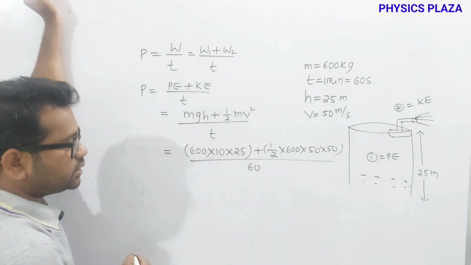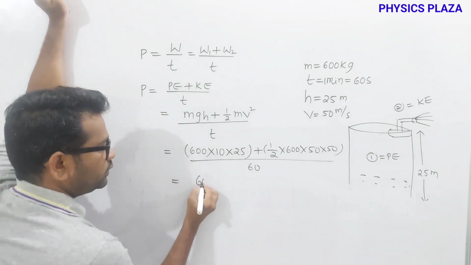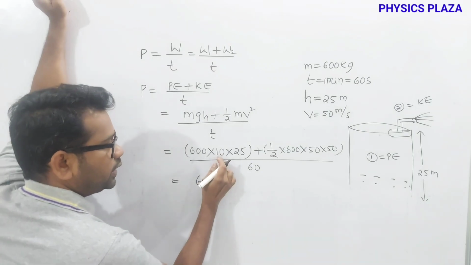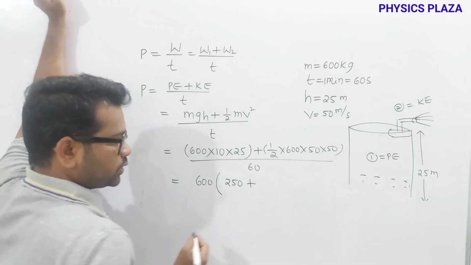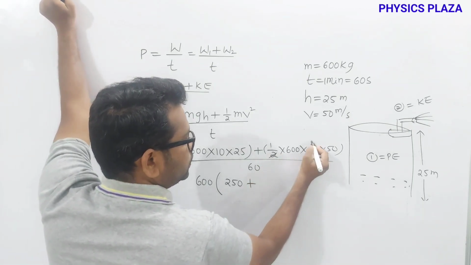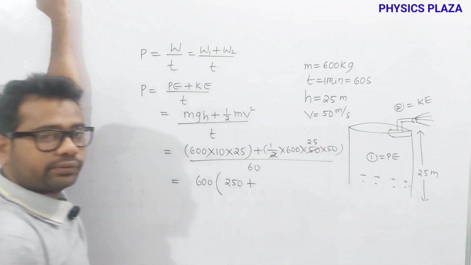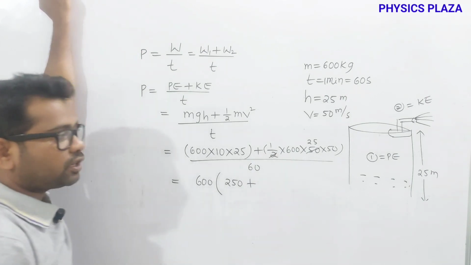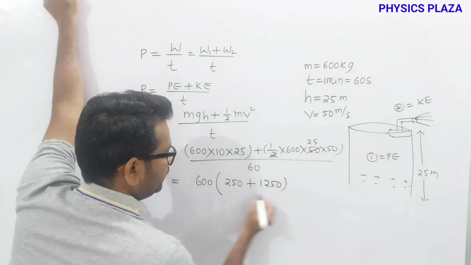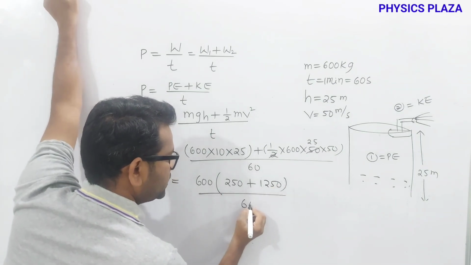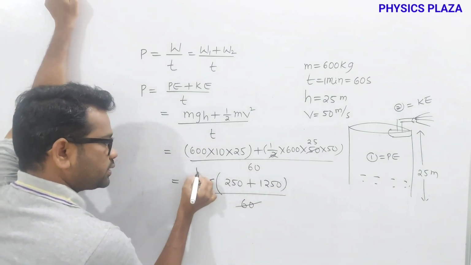Now let us take 600 as a common factor. Taking it common, 10 into 25 is 250, plus half of 50 into 50, which is 1250.